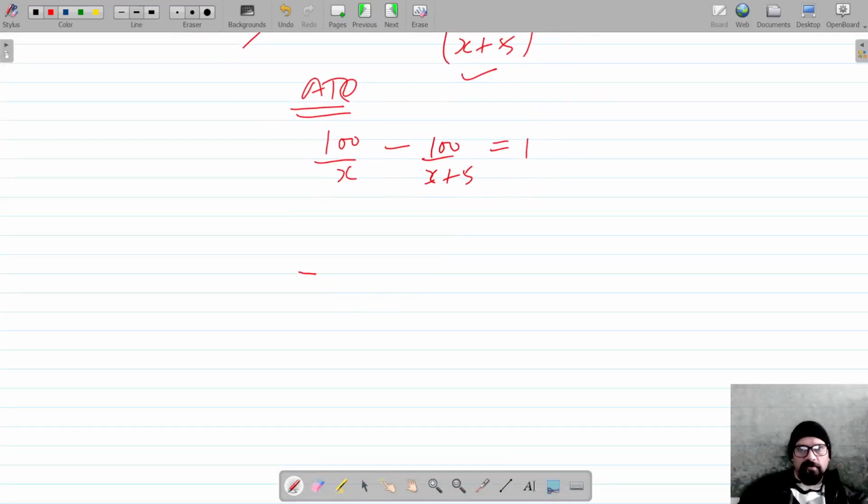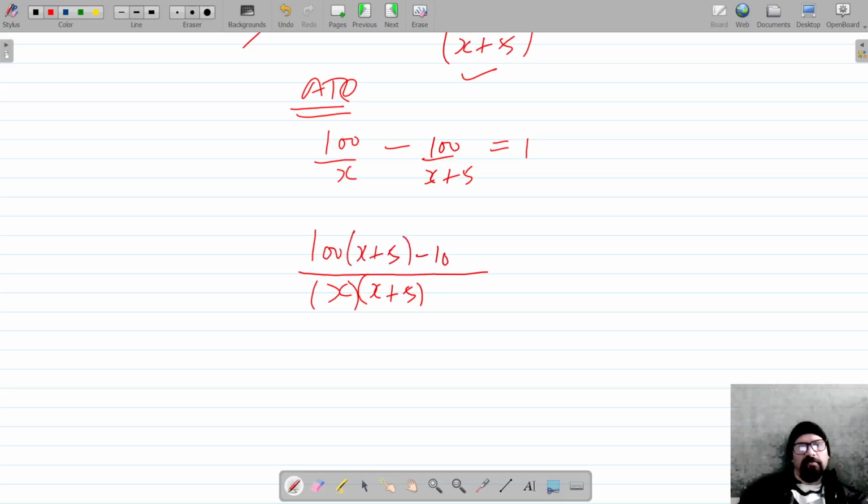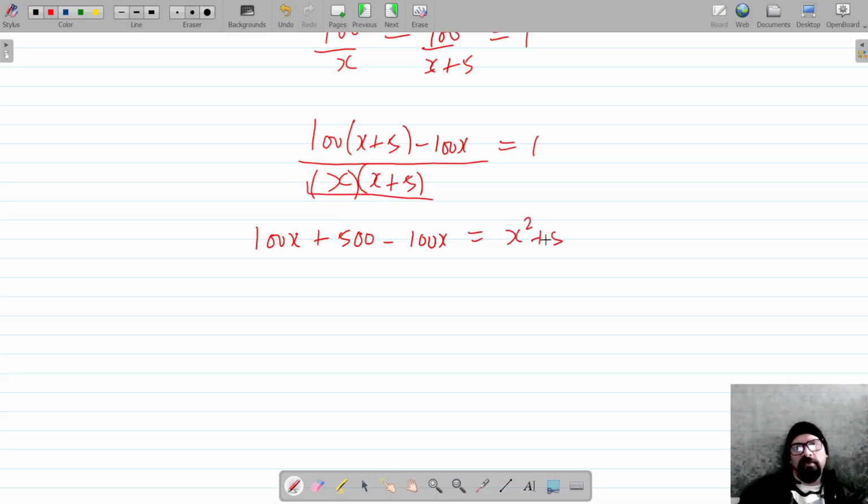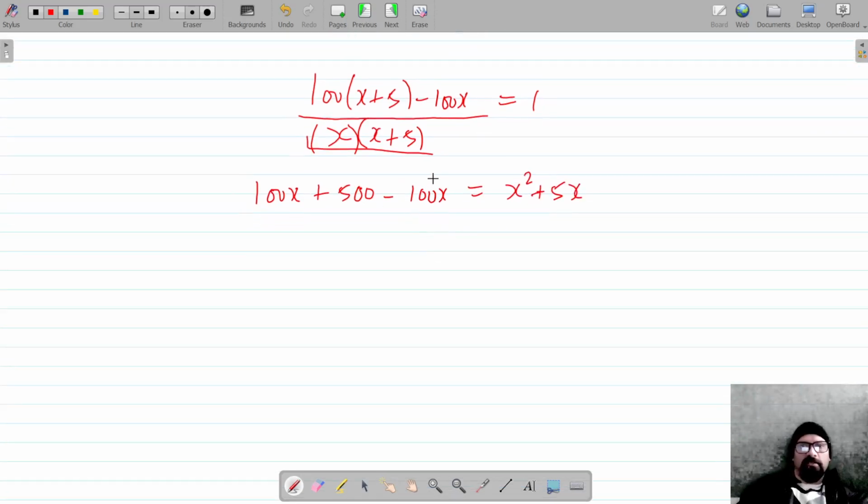Okay, so this is now going to a quadratic equation, and the LCM is x into x plus 5. Now it's 100 into x plus 5 minus 100x is equal to 1, which gives me 100x plus 500 minus 100x. Let's cross multiply, so x squared plus 5x. This gets cancelled, and our equation is x squared plus 5x minus 500 is equal to 0.